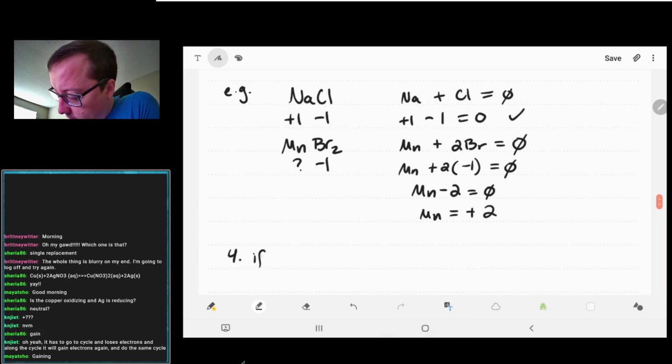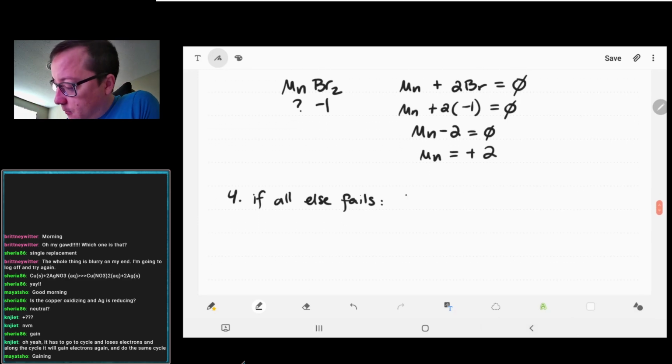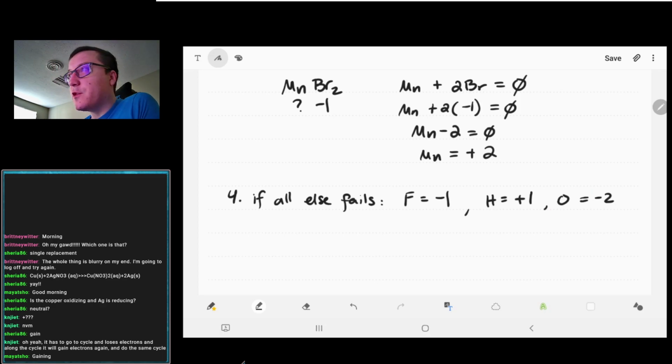Alrighty. If all else fails, we kind of do this in order. So we say fluorine gets an oxidation number of -1. Hydrogen gets an oxidation number of +1. And oxygen gets an oxidation number of -2. In this order.